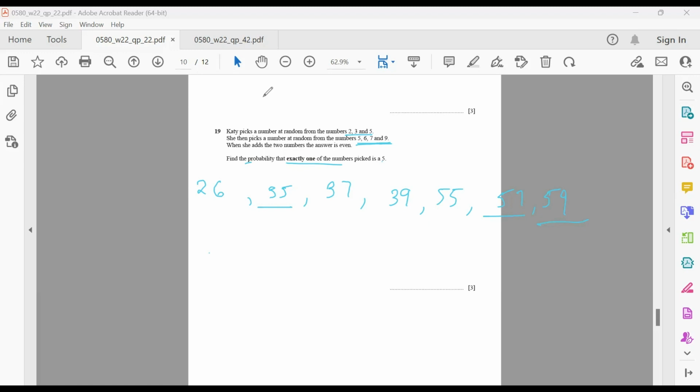So that means first 3 from the first set and 5 from the second set. So that's 1 upon 3 into 1 upon 4. Then you add it to 5 from the first set. So that's 1 upon 3 into 1 upon 4 plus 1 upon 3 into 1 upon 4.